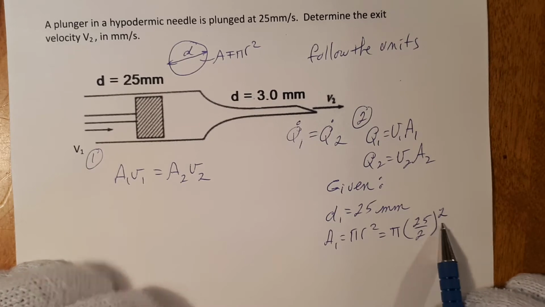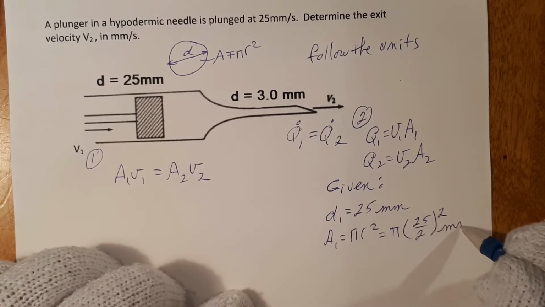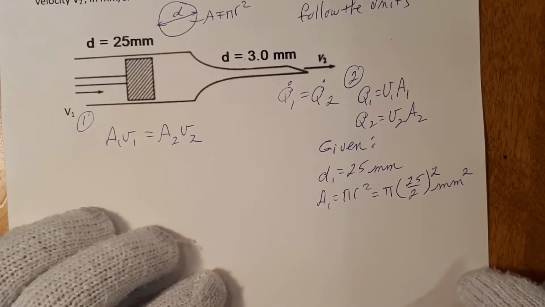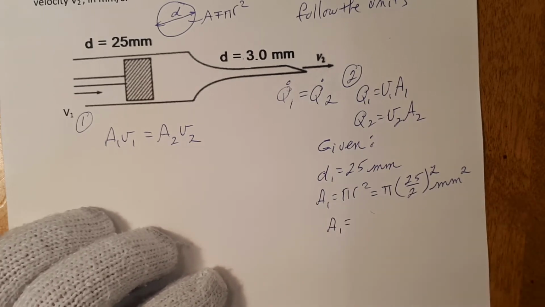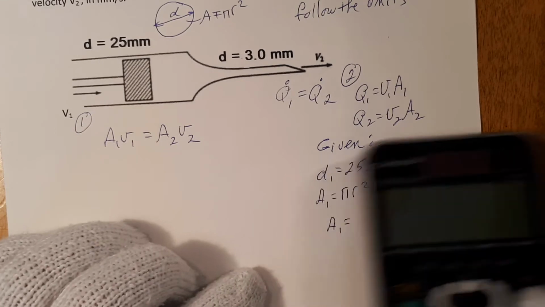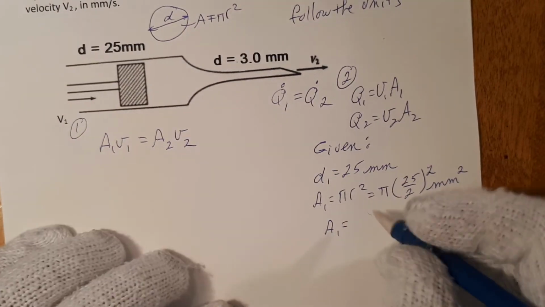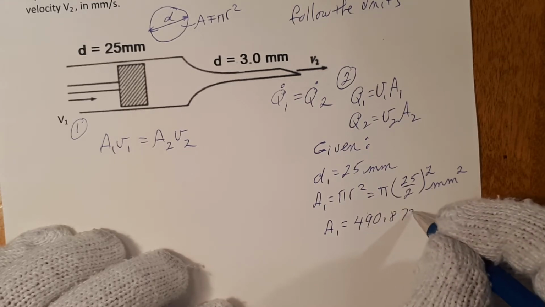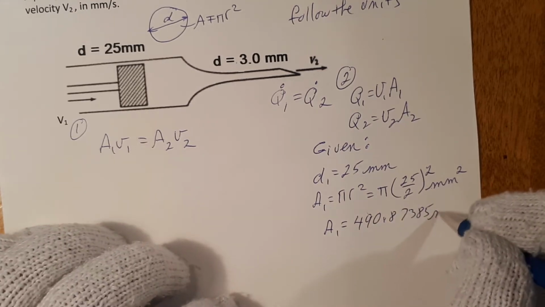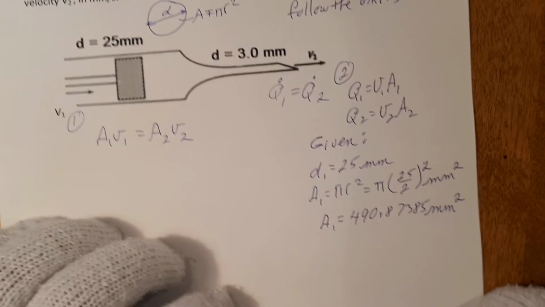That'll be the radius squared in millimeters squared. Putting this in our calculator, A1 is 490.87385 millimeters squared.